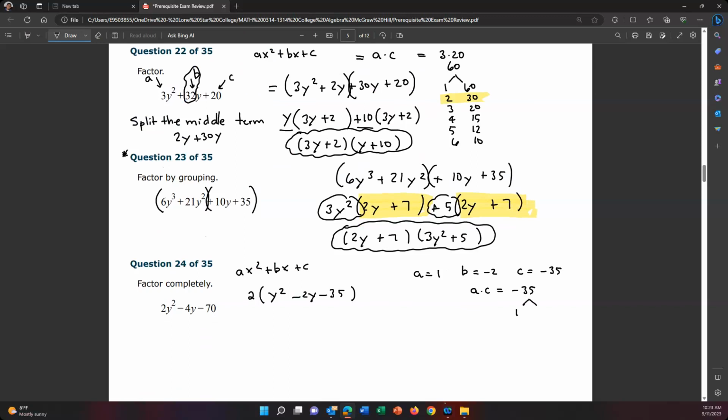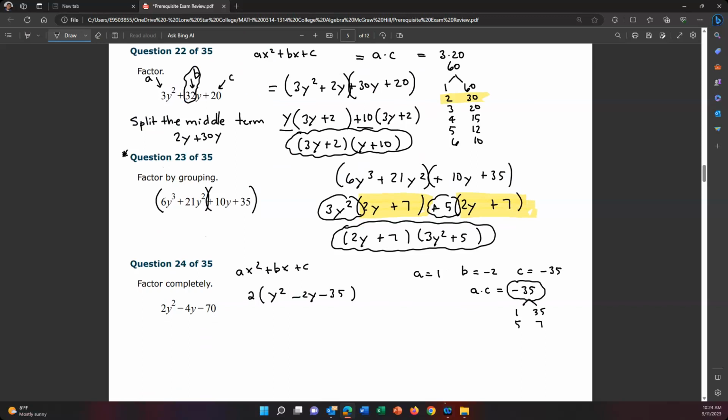It's 1 and 35. We got not 3, definitely not 2, not 4, but 5 and 7. And that's about it. But we need the product to be negative.